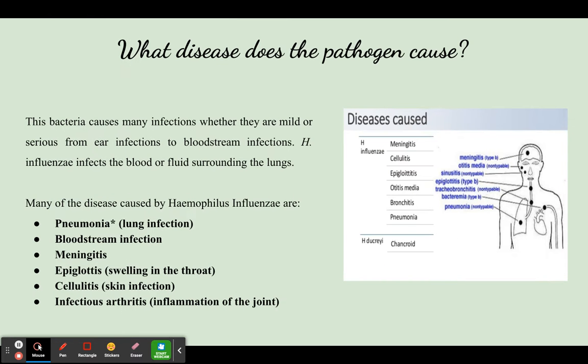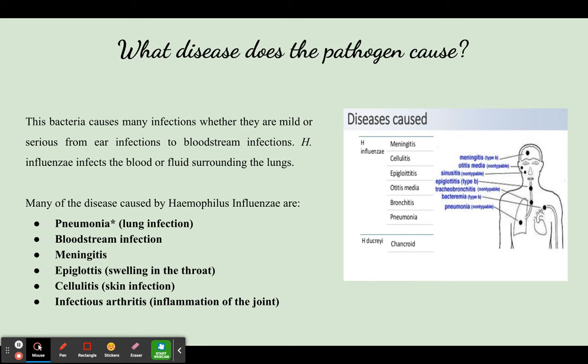What disease does this pathogen cause? This bacteria can cause many infections, whether mild or serious, from ear infections that are more common in kids, to bloodstream infections that are more common in older people. H. influenzae can also infect the blood or the area surrounding the lungs, preventing you from breathing.